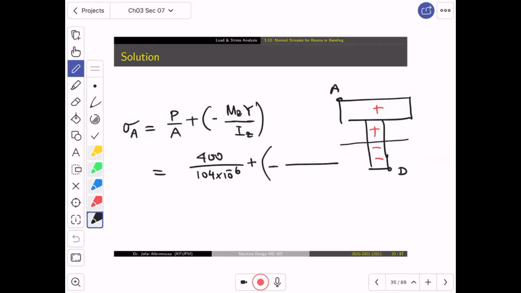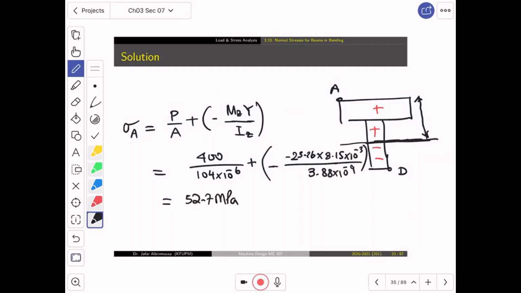And then minus 23.26, the moment, multiplied by the distance from here all the way to the top. Now, this distance is 8.15 and then multiply by 10 to the power minus 3. And then I divide by 3.88 multiply by 10 to the power minus 9. And how much is this? This is going to be 52.7 megapascal.